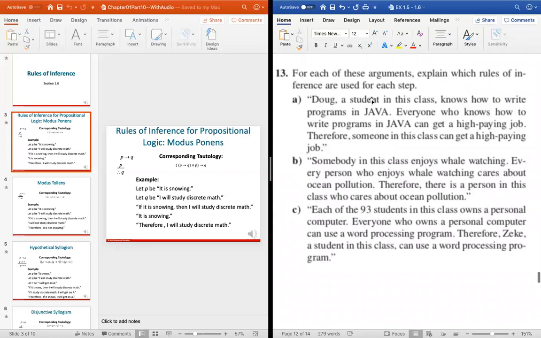In these ones, we have to explain the rules of inference. It's a little bigger question.